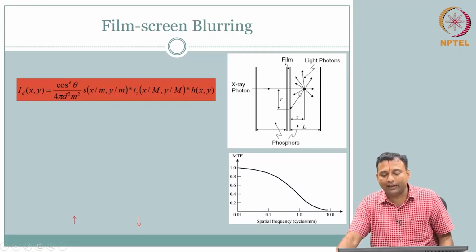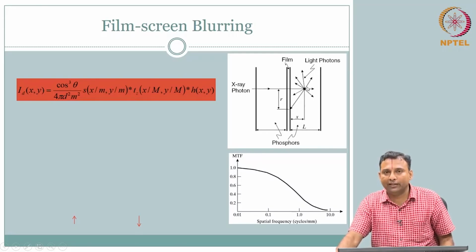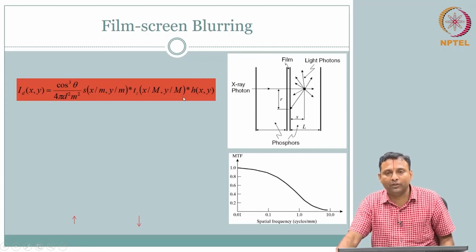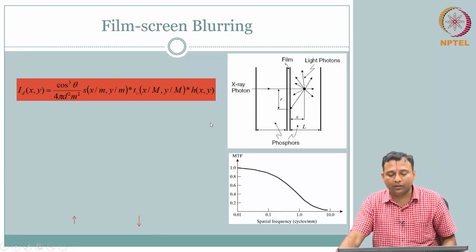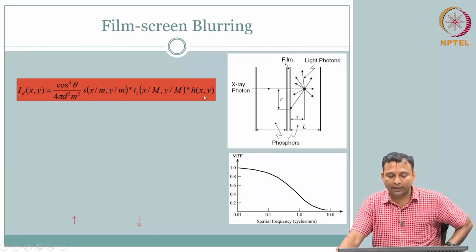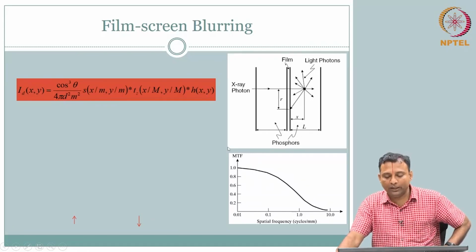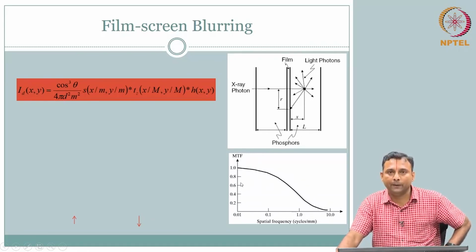You can characterize means you can capture the system performance h of x comma y, and this kind of plot, which we call modulation transfer function, can be used to capture the system h of x comma y. So this is how it typically looks for the film screen.